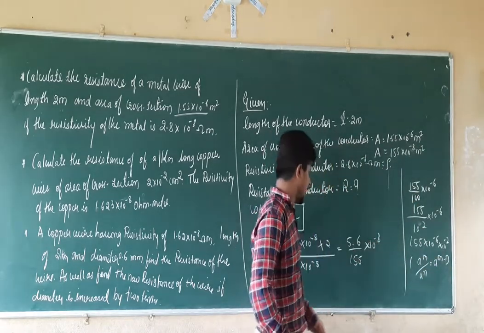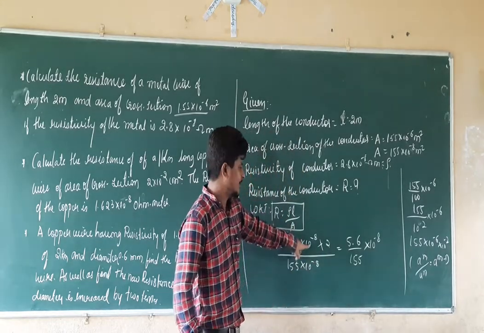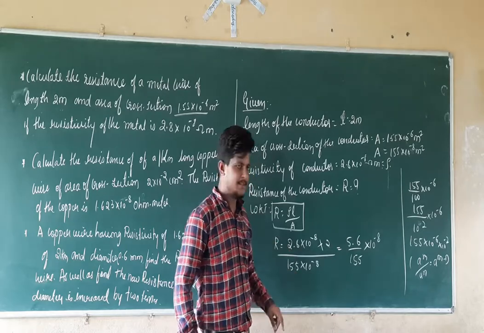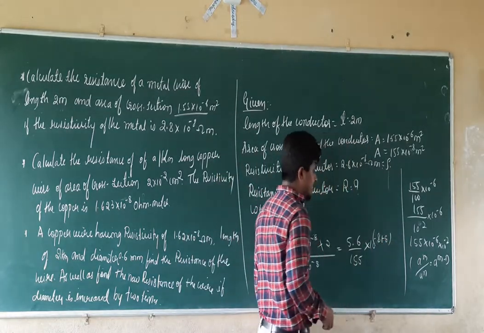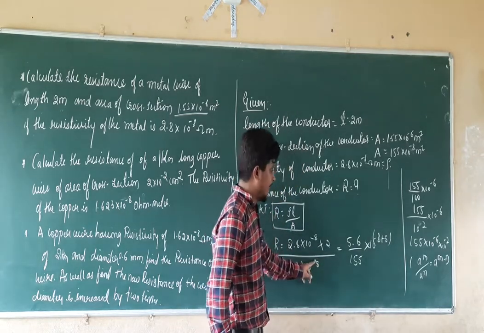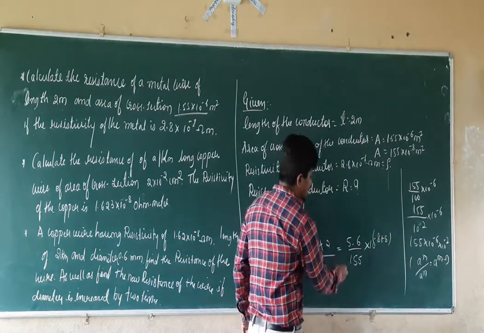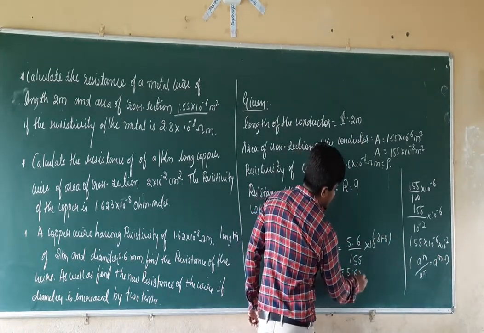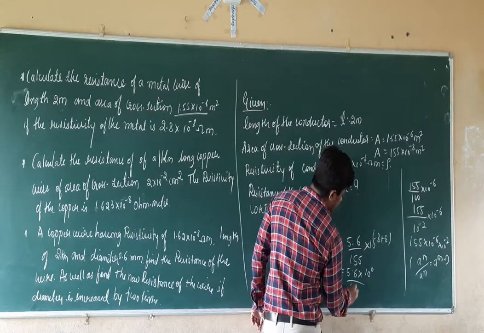Using that formula, minus 8 becomes plus 8, since minus will be plus, so 10 raised to minus 8 divided by 10 raised to minus 8 gives 10 raised to 0. It will be 5.6 into 10 raised to 0 divided by 155.